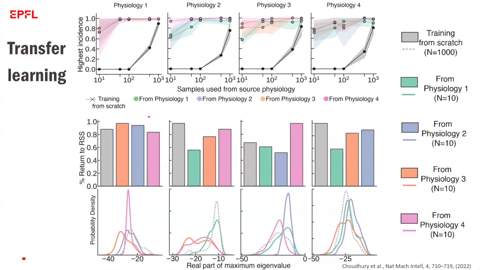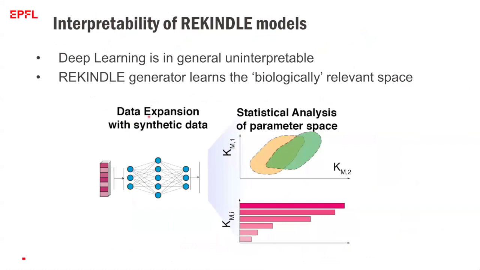Now, another thing that this type of approach allows you is to analyze your parametric space statistically. In general, if you start with only 10 models, you don't have hard evidence that something is happening.